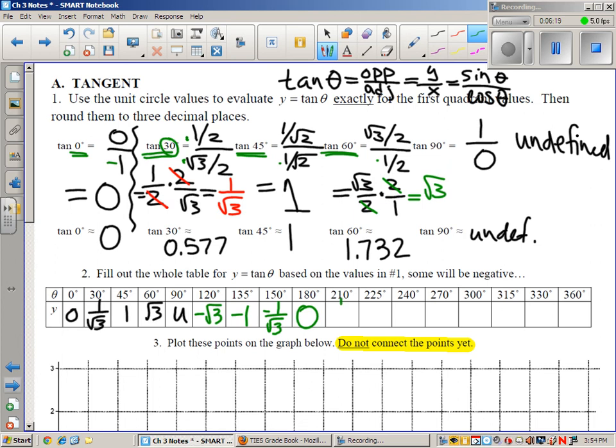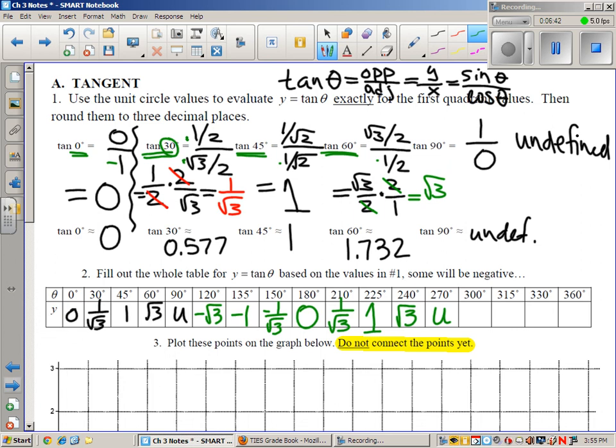So this will be positive 1 over root 3. Okay, and as I keep going, 225 has a 45 reference. It's a negative over a negative of the same number. It's going to end up being positive 1 again. Okay, and this one's going to be positive root 3. And at 270, I'm going to get negative 1 over 0. It's still undefined.